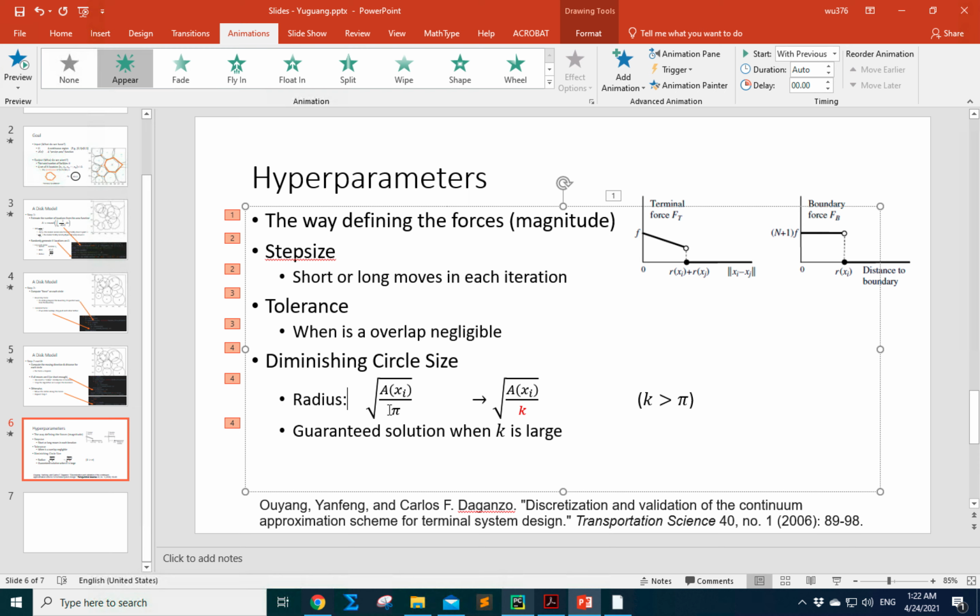But if this radius is too large for the entire n circles, n disks, I can just reduce the radius so that they initially start with a smaller radius. I changed this pi parameter in the denominator to k, and k could be any number that is larger than pi. So we are guaranteed a solution when k is large enough.